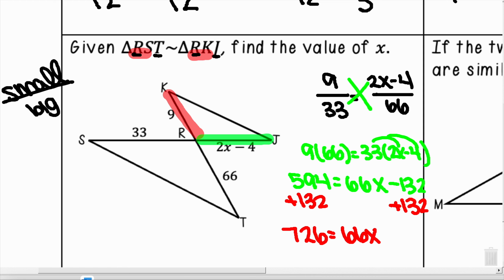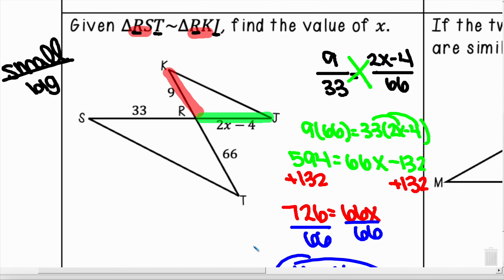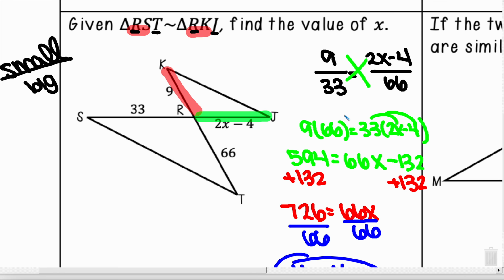And then last but not least, divide each side by 66. And then so x is 11. And if you check back, that is what the problem asked you to find.